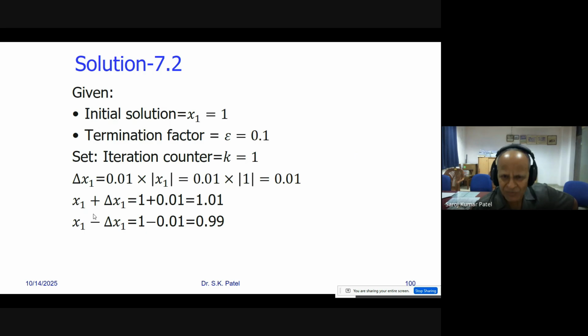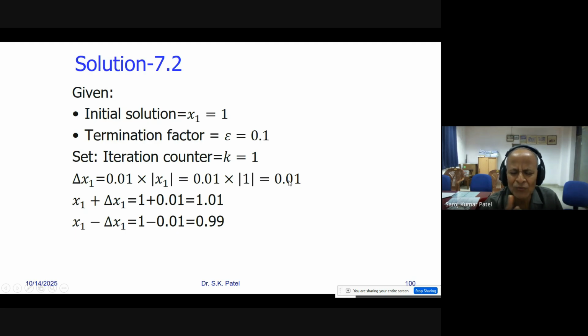We are using by approximation method. So here x1 is 1, which is more than 0.01. So that's why delta x will be 1% of this x1 value, 0.01 into absolute value of x1. So absolute value of 1 is 1 into 0.01 is 0.01.